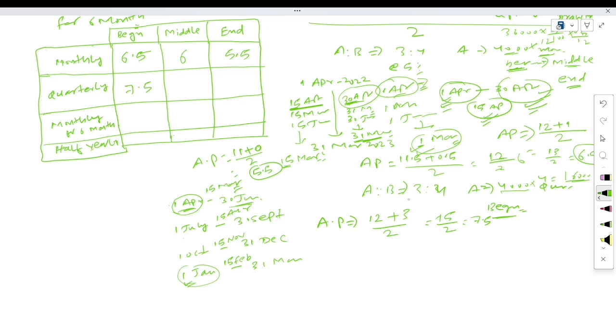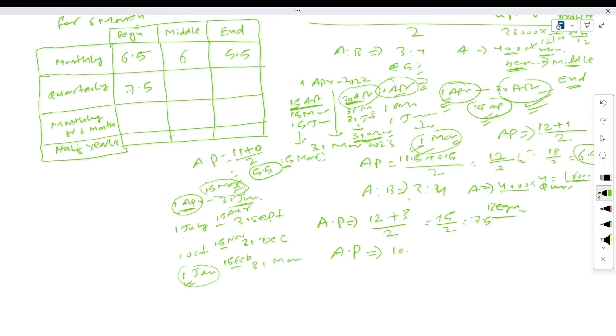Now if in the question it is mentioned that he is withdrawing quarterly at the middle of the quarter, then what would be the average period? See here, it's very simple. Middle of the quarter, 1st May, first drawing will be on 15th May. Then from 15th May, how many months will be left here? 1.5 months will be deducted.